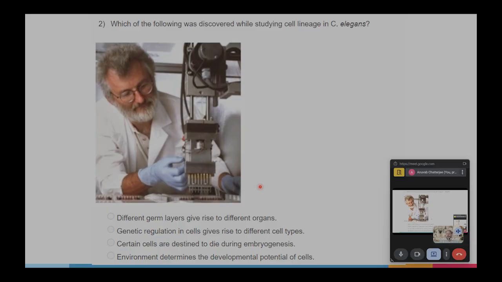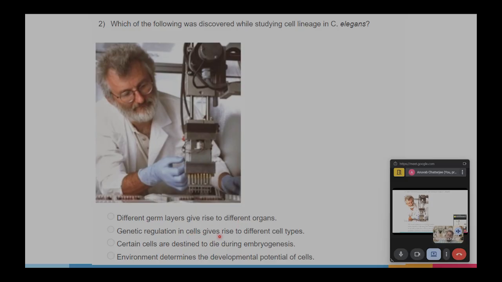So the first question is, which of the following was discovered while studying cell lineage in C. elegans? So this image here is a hint. This is John Sulston, who actually did all the lineage tracing in C. elegans. And the options that you have are that different germ layers give rise to different organs.